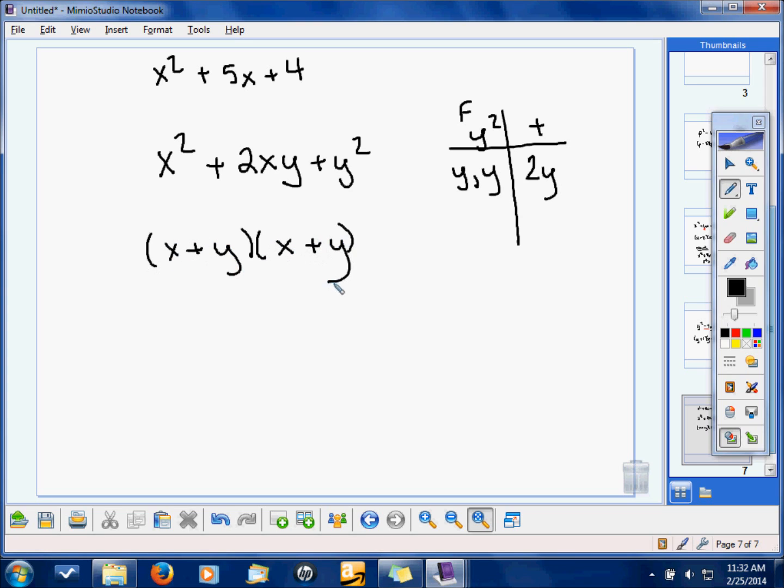So we just drop the x. Well, you're not really dropping it, because if you did this one, you would be looking for factors of 4, and you'd get 4 and 1, and that would give you 5. But there the middle is really 5x. Here the middle is 2yx, so you're looking for 2y to be your middle term.